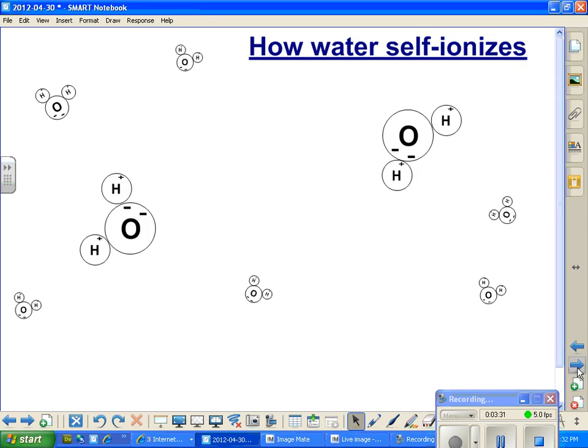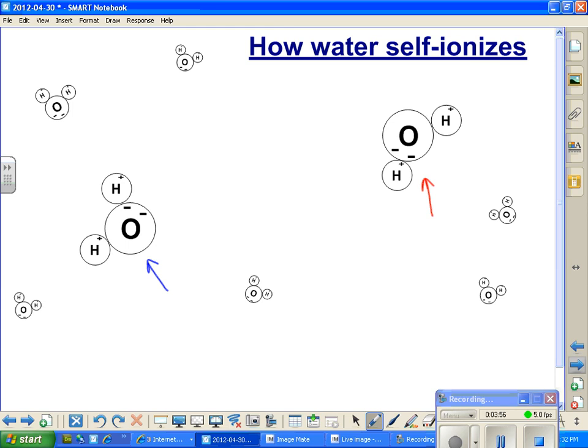Now we get to see how all of this actually happens. This isn't real, but it's more graphic than what we do when we write the symbols. So, let's call this guy right here the base. And we'll call this guy up here the acid.